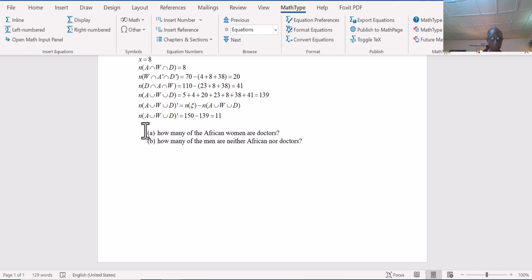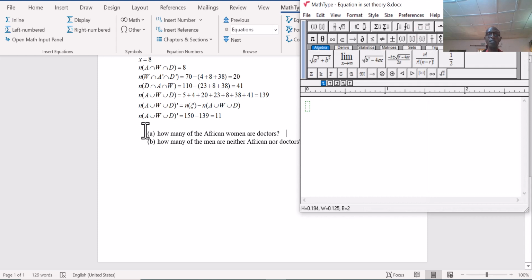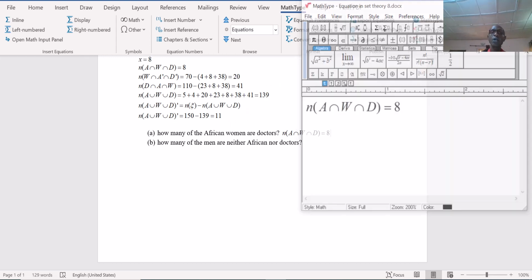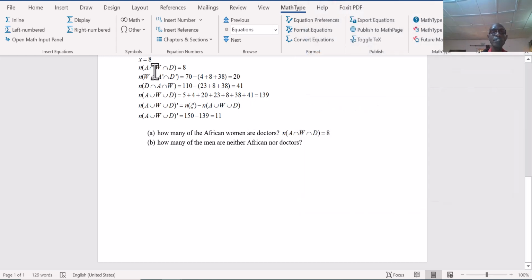So let's set the notation: they are Africans, they are women, and they are doctors. So that is 8. We got that to be 8. That is what is common to all of them. So A intersection W intersection D is equal to 8.